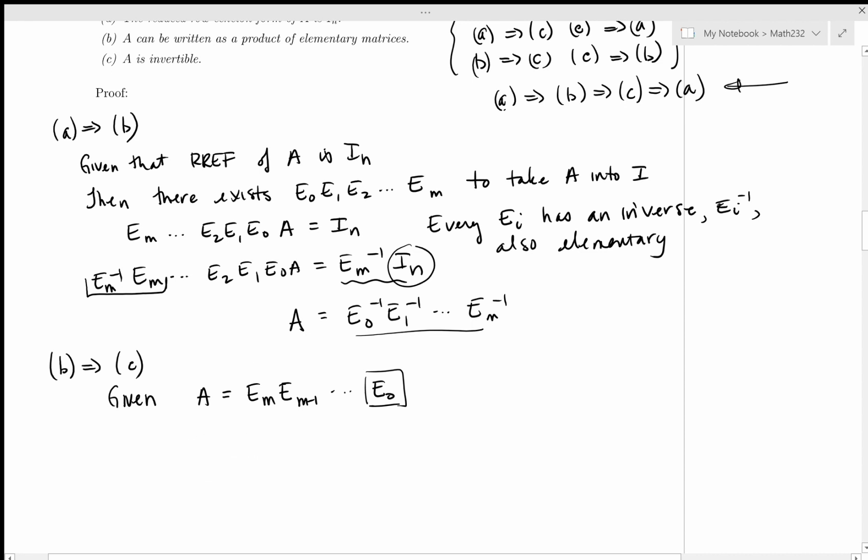I'm going to multiply here by E_0 to the minus 1, and I'm going to multiply here by E_0 to the minus 1. So here I will have A times E_0 to the minus 1, and that will be E_M to the minus 1 and so on, and then this becomes I, so the last one here is E_1.